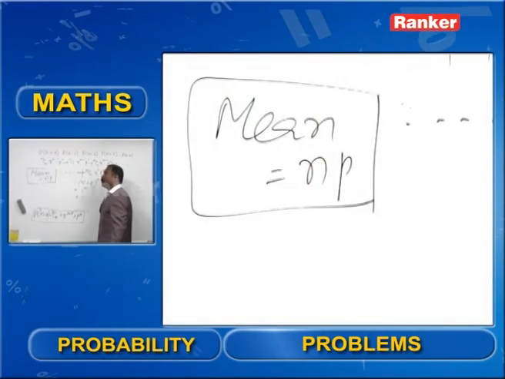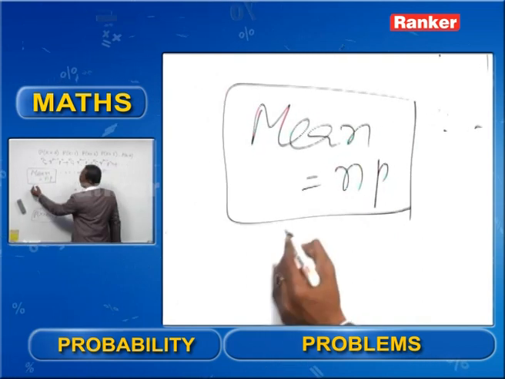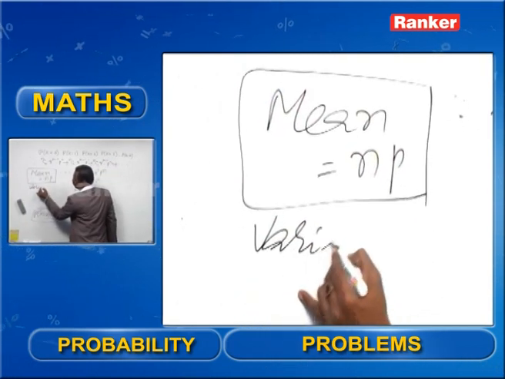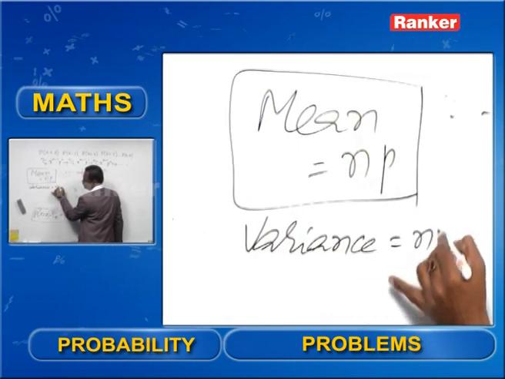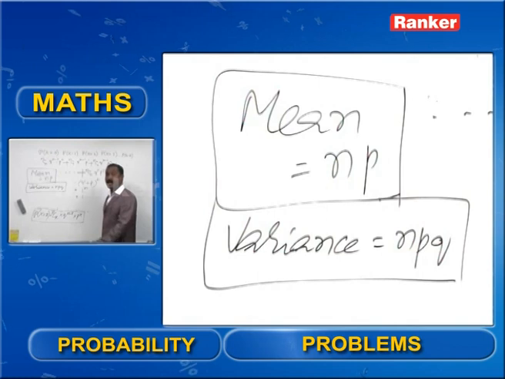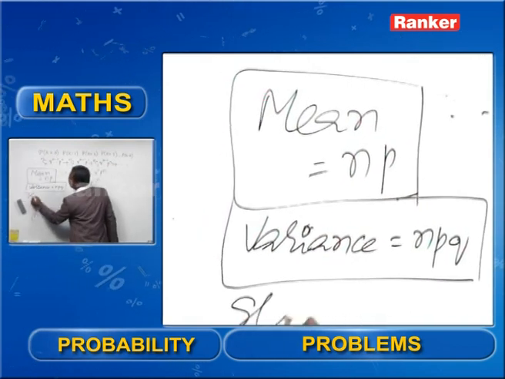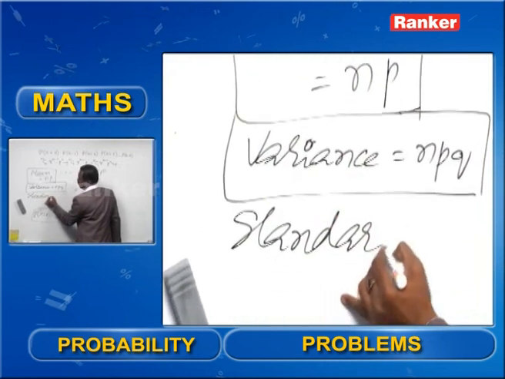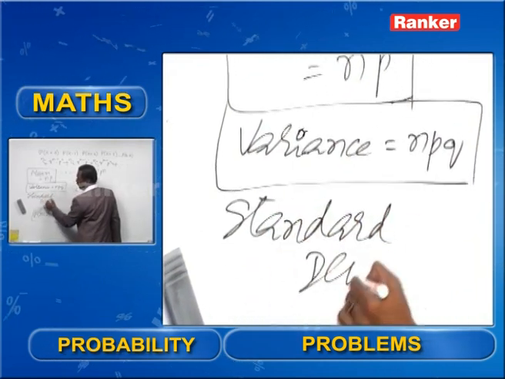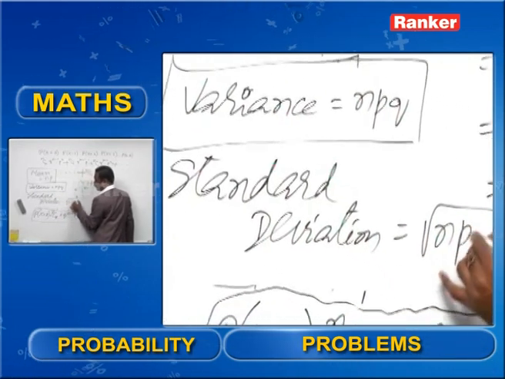What is n here? Number of trials. What is p? Probability of success in one trial. And variance, it's also easy. At board level also, you don't need the proof of it, just to understand. Variance is npq. Obviously, standard deviation, what I wrote previously, standard deviation is root npq.